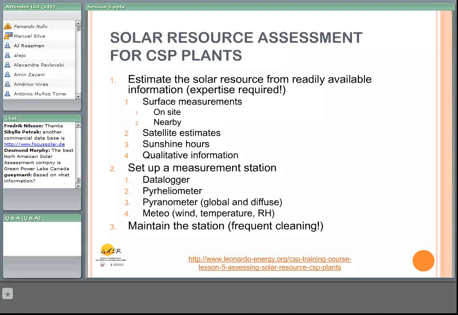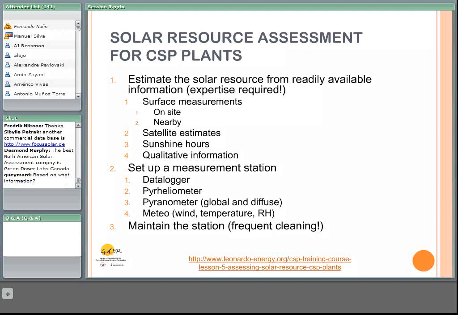And the meteo station should also include some other meteorological measurements: wind, temperature, relative humidity, etc. It's very important to maintain the station properly, and that means, among other things, a frequent cleaning of the instruments.